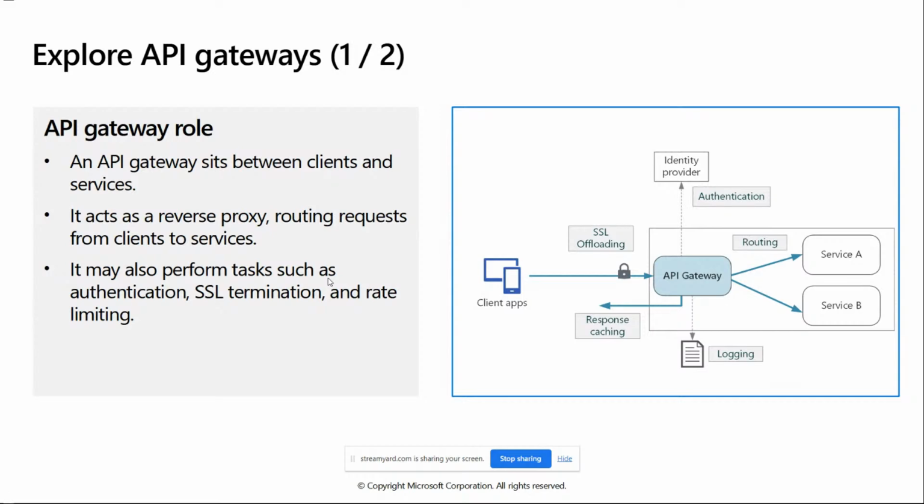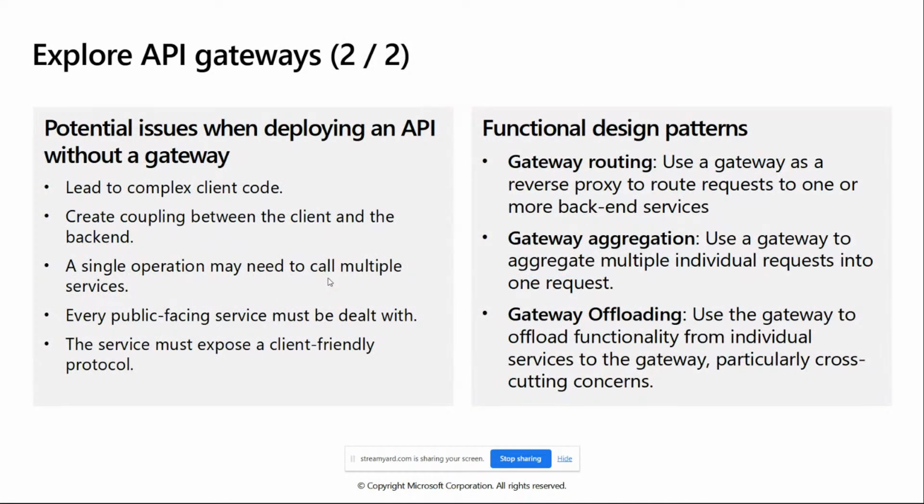And the second thing we can see about the API gateway is that when we are deploying an API inside Azure without the gateway, we will have complex client code, and we will have coupling between the client and the backend.